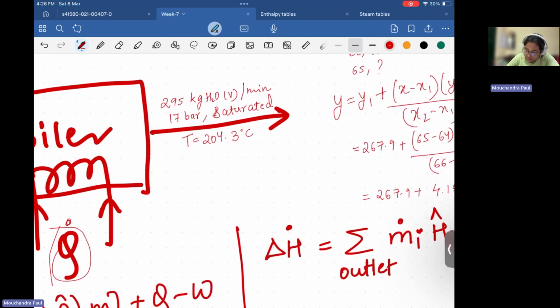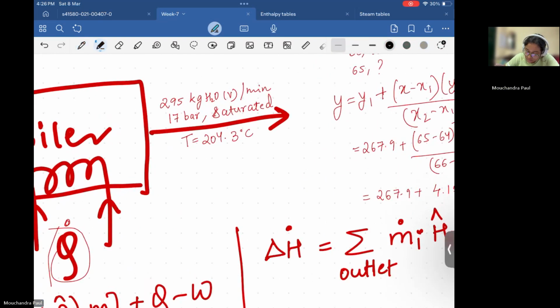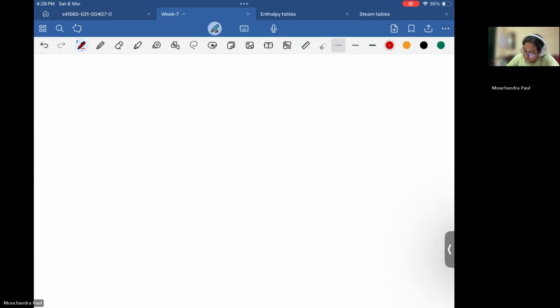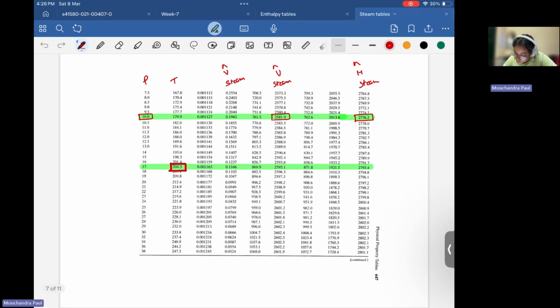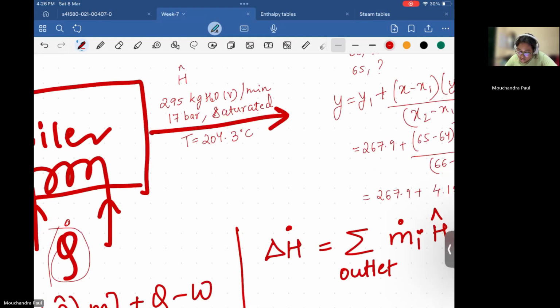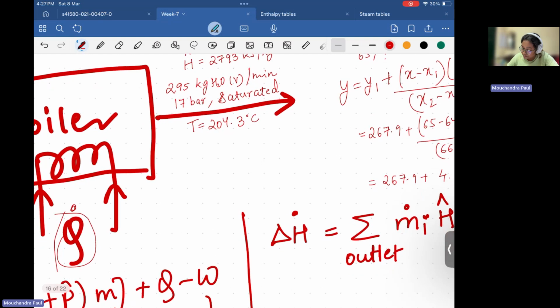So I also need to mention here the enthalpy of saturated steam that is coming out. So it is 2793 kilojoule per kg, right?